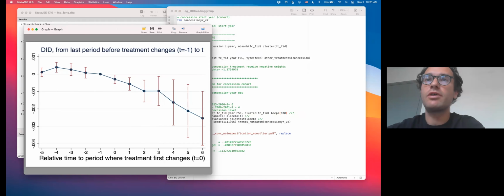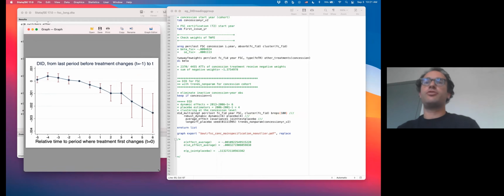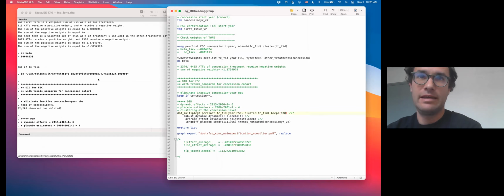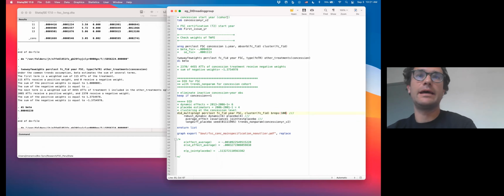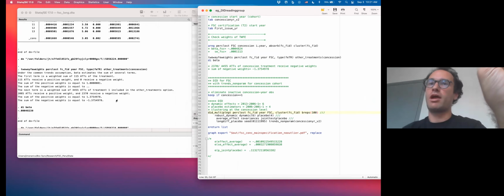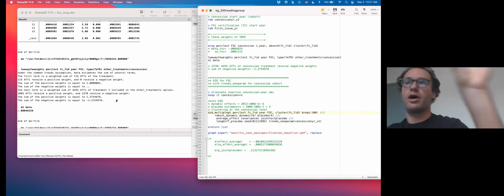Yeah, so I see Natalia's question. We see that the contamination issue was the most important problem because there were actually no negative weights. What the two-way FE weights were saying is that it's a two-way fixed effects regression with 2 treatments, so it's estimating a sum of 2 terms.